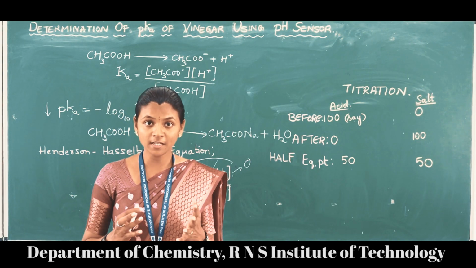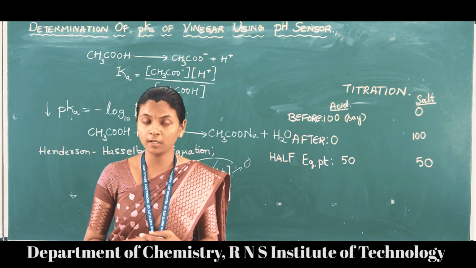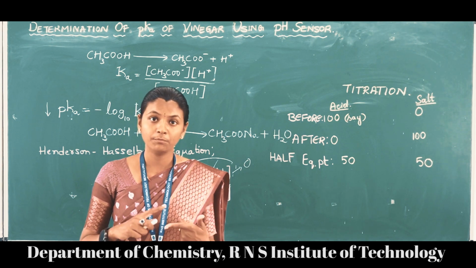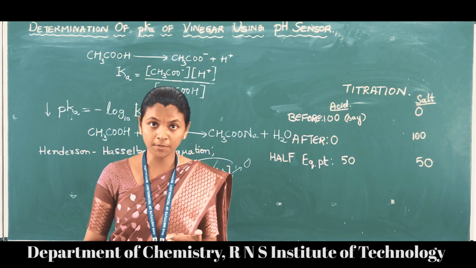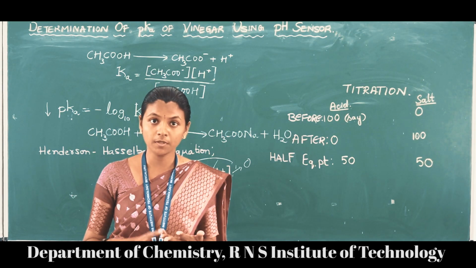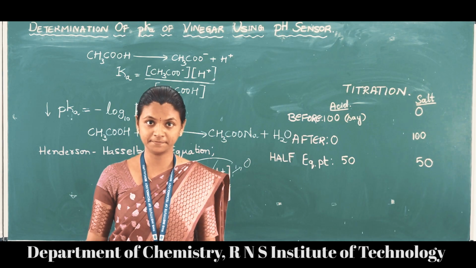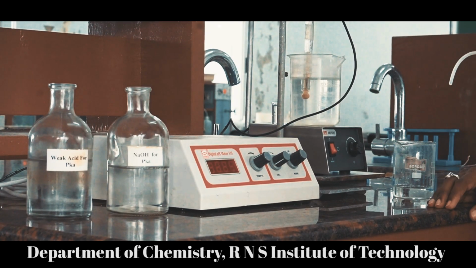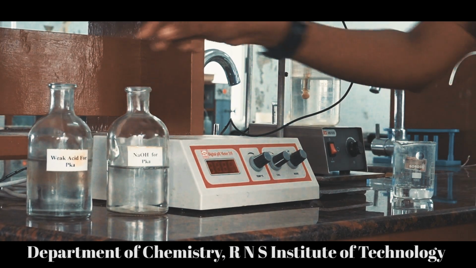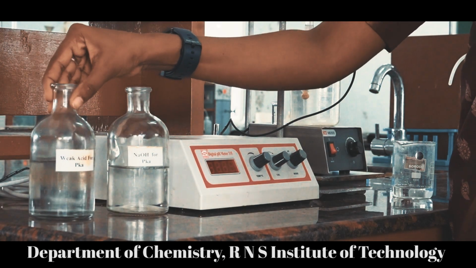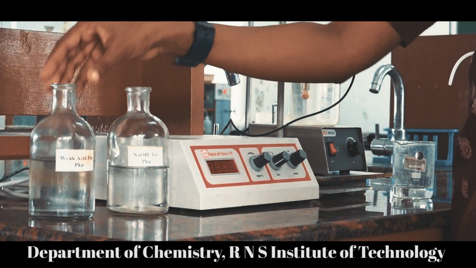The accessories that we need for this experimental determination include a burette, pH meter, glass membrane electrode, and a beaker with a magnetic bead. Let's observe how the experimental setup looks. It contains a reagent bottle having weak acid for pKa estimation, and a NaOH solution.